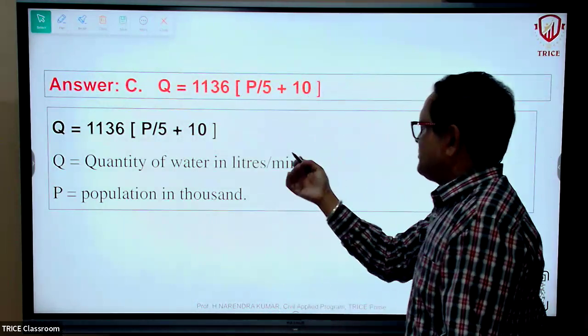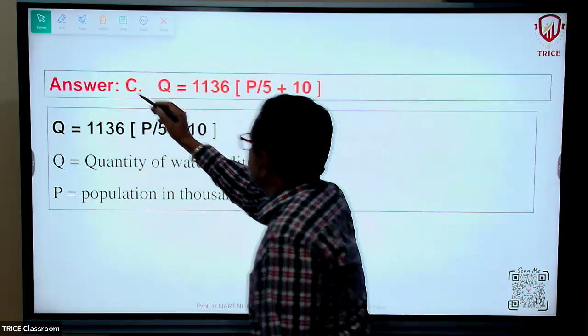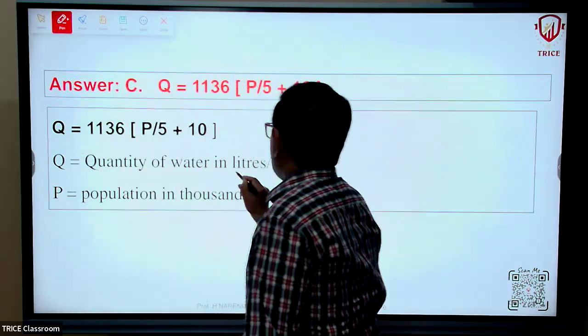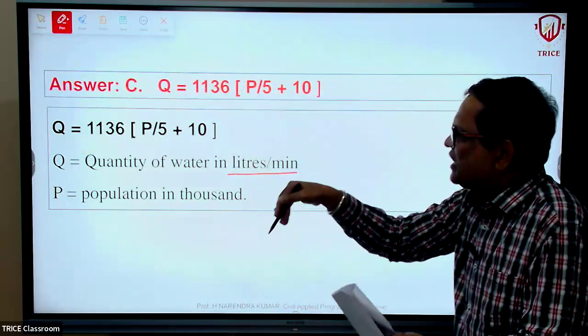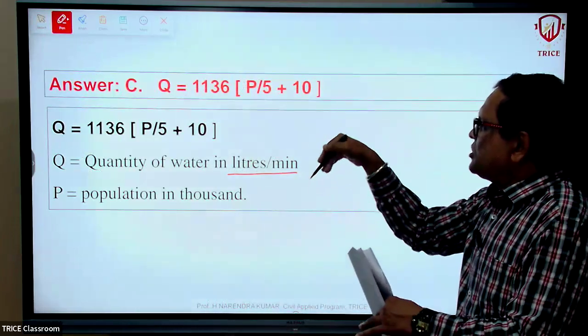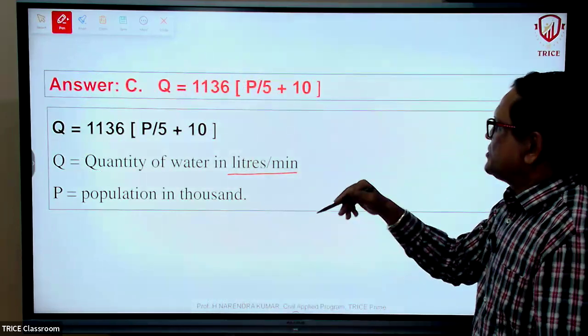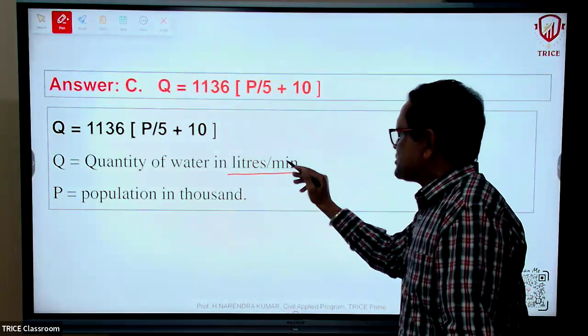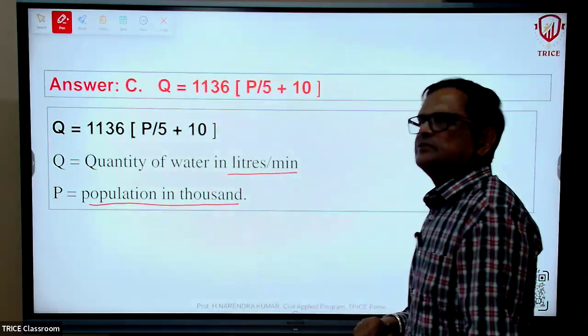Only for more information, this Q is in terms of liters per minute. Please do remember this, because if the same question appears as a numerical problem, you need to know how to substitute the value. Quantity of water is in liters per minute, population in terms of 1000.